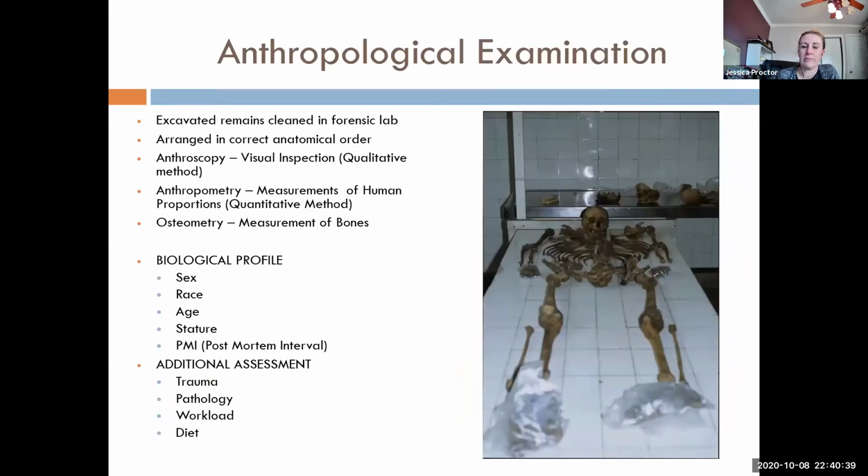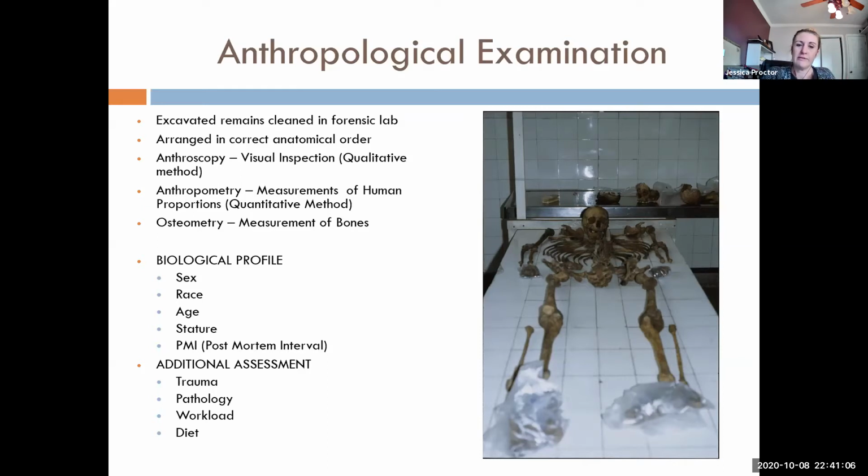All right, so excavated remains are cleaned in forensic labs. So you're collecting the bones, obviously taking great care. You're collecting the bones in a specified manner, and then once they're brought back to the lab, that's when they become cleaned. Because obviously you don't want to try to do something like that out in the field when circumstances are out of your control. You want to try to do this when you're in a lab in a controlled environment.